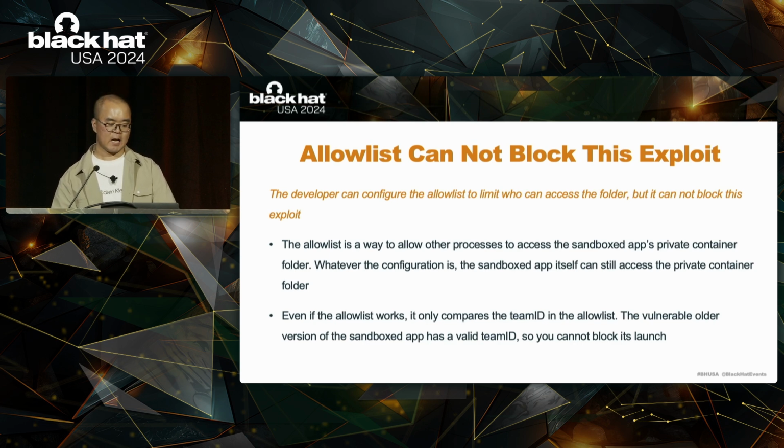Even if the allow list works, it only compares the team ID in the allow list. The vulnerable old version of the Sandbox app has a valid team ID, so you cannot block its launch.